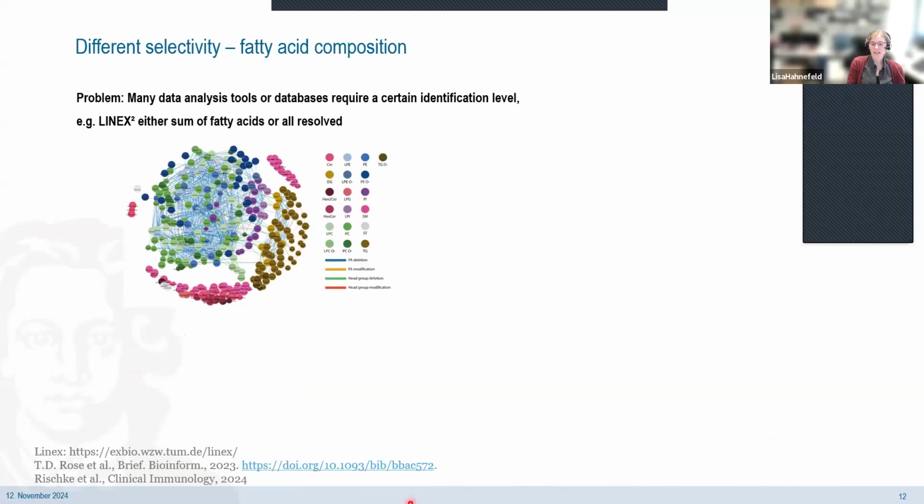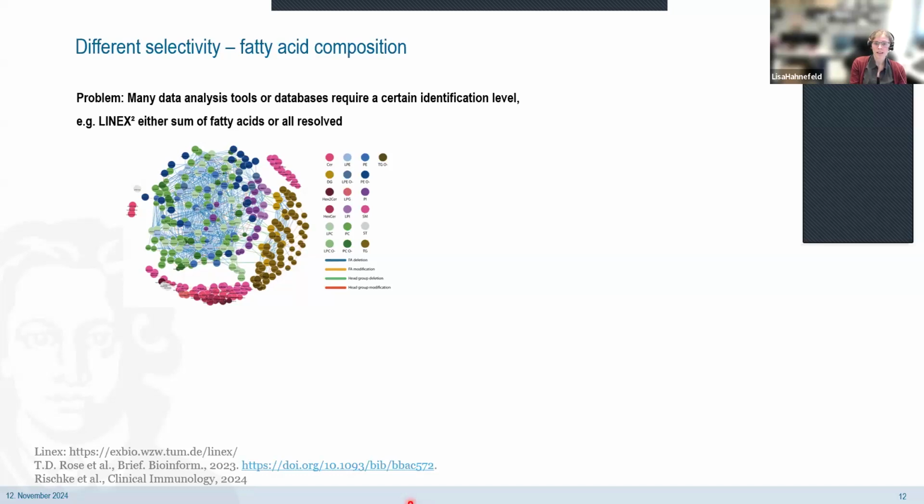Because Alistair is unfortunately not alone in the tools which only require a specific level of identification. The other tool I mentioned before was LINEX, which is a really nice tool for pathway analysis for lipids, because it does not look at specific enzymes, but rather at lipid-specific or class-specific reactions, like the deletion or addition of fatty acids or head groups, or the modification of the said fatty acids or head groups.